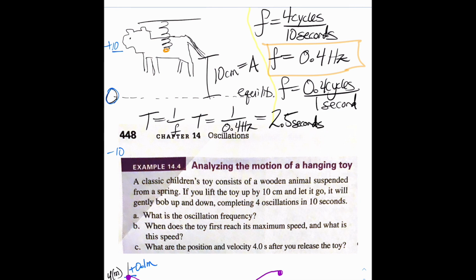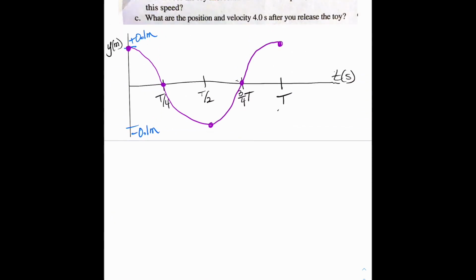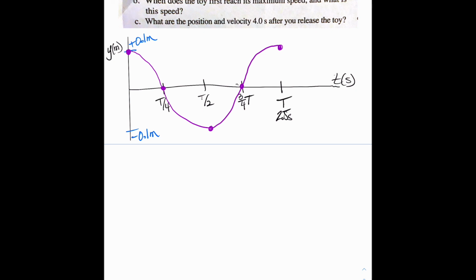is the period. All right, so let's go ahead and come down here. We can jot in 2.5 seconds. We can also jot in, we can call this then 1.25.